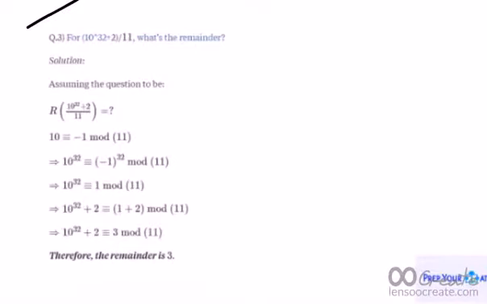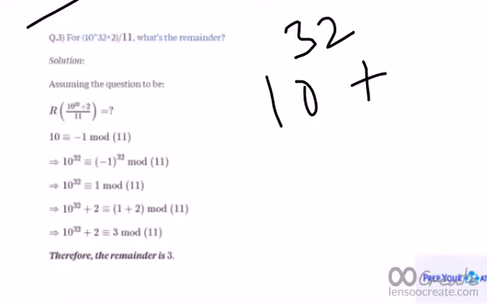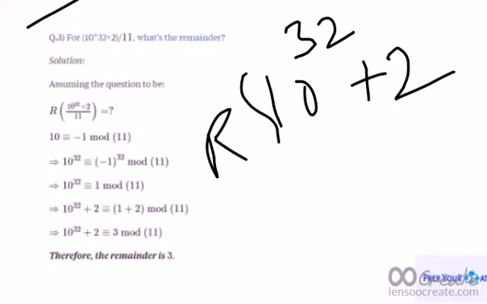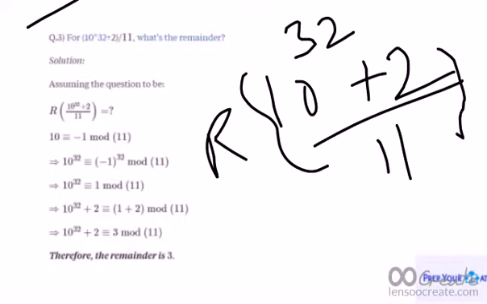Next question, that is the third question. If it is not visible, then here I will write it once again. We need to find the remainder when the number 10 raised to 32 plus 2 is divided by 11.